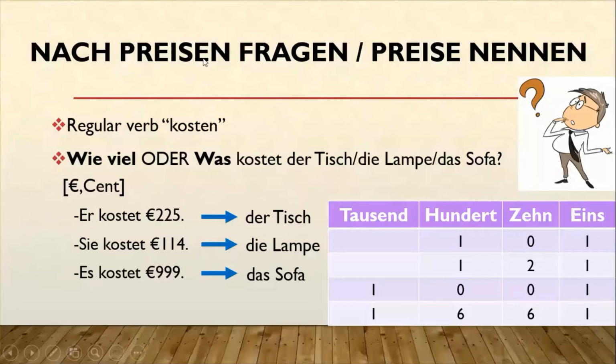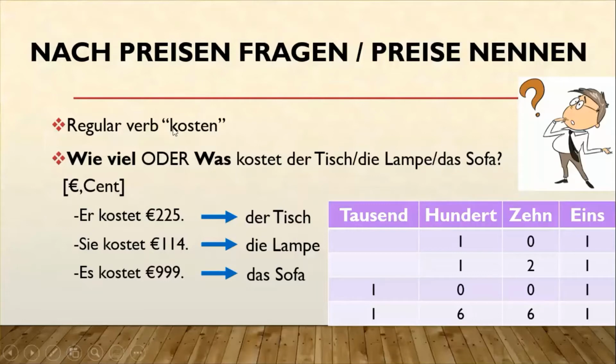Der Preis, die Preise. But why it is N is because of the use of the preposition nach, which in the German language is a dative preposition. Now you don't need to be worried about this grammatical point yet. You just need to know how to ask about the price.